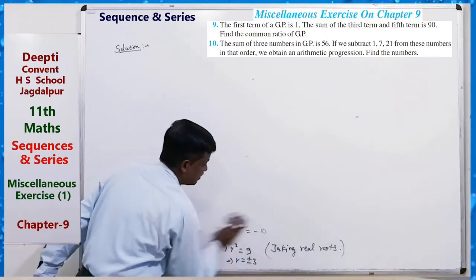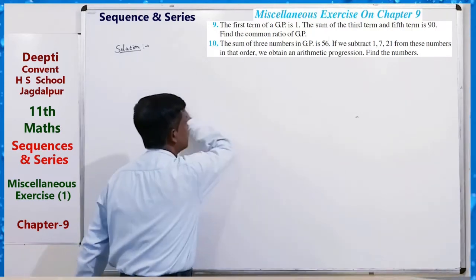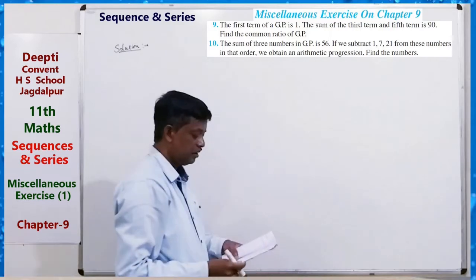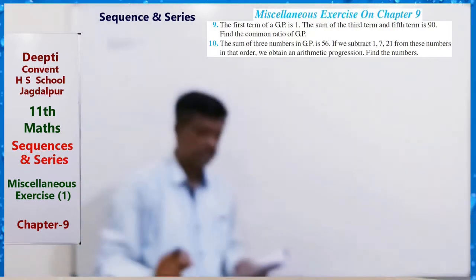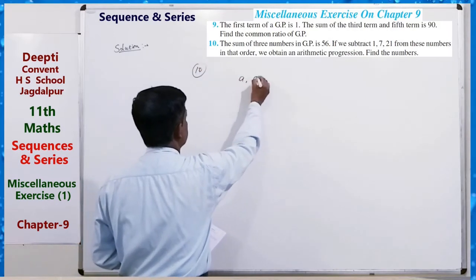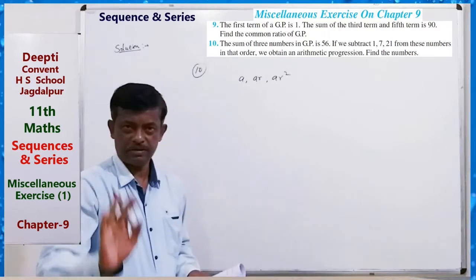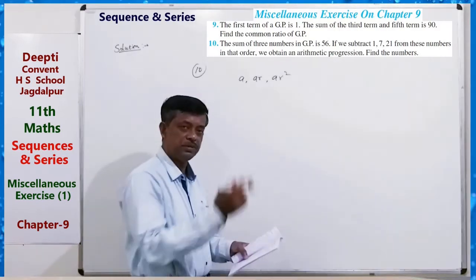The technique is simple. Take 3 numbers in GP whose sum is 56: A, AR, AR square. These are the numbers in GP.